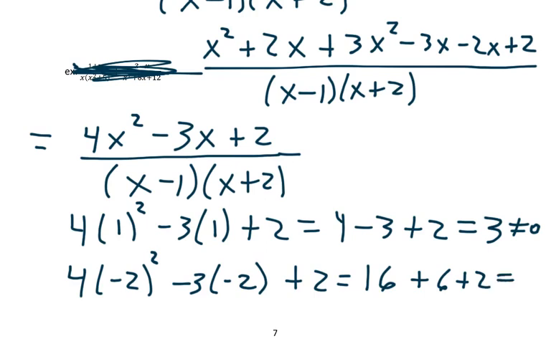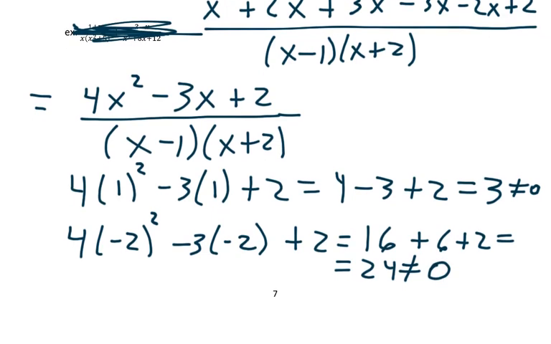So that's going to be 24, it looks like. It's not 0, so because of that, x plus 2 is not a factor of the numerator. And from the first calculation, x minus 1 is not a factor of the numerator. So because of that, this is already simplified.